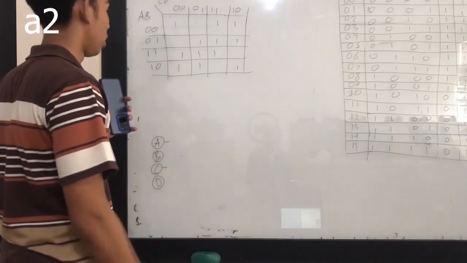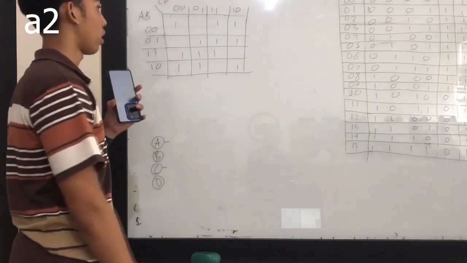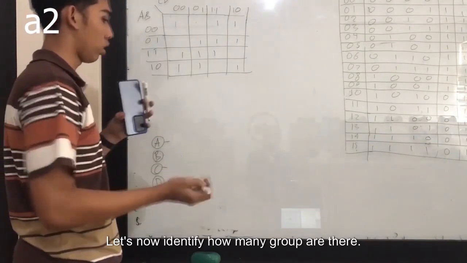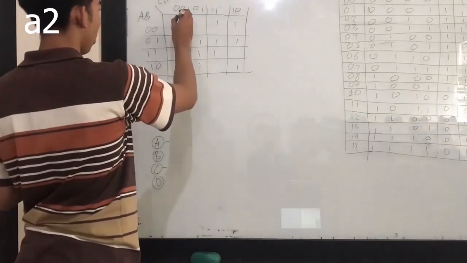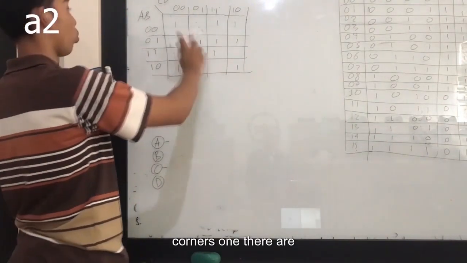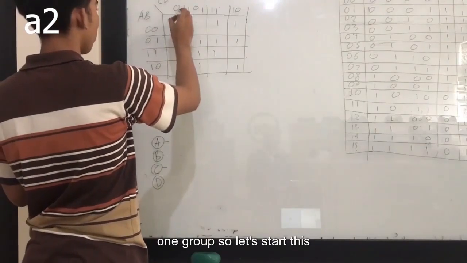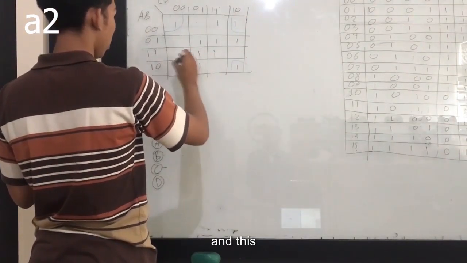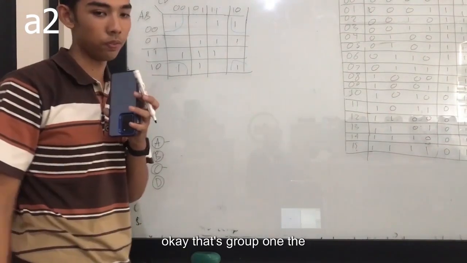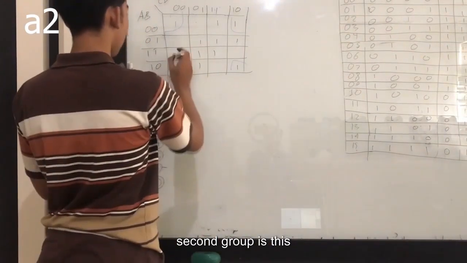Okay, this is the Karnaugh map of A2. Let's now identify how many groups there are. Okay, so all of these corners are 1, so there is one group. So let's draw this, and this. That's group 1. The second group is this.